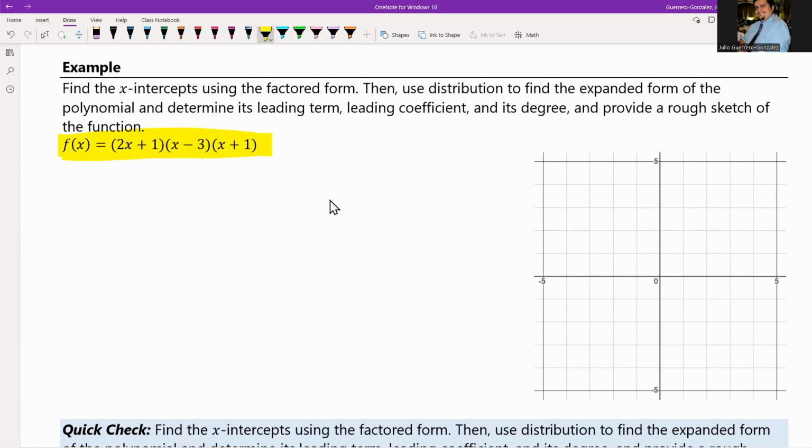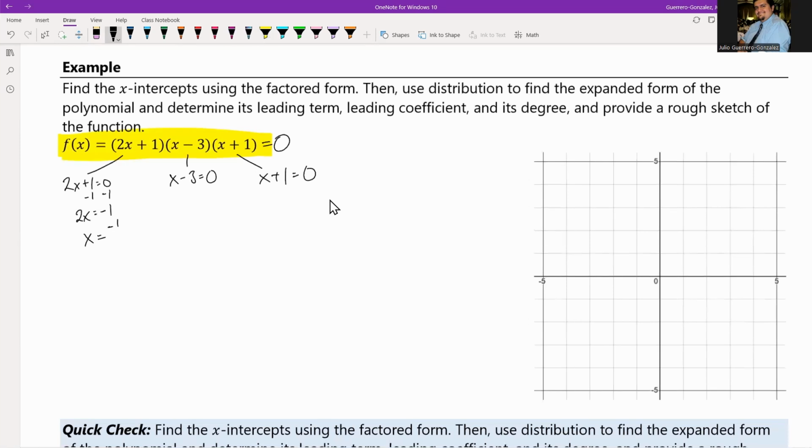Okay? So first of all, let's go ahead and do the x-intercepts. That's the one where we set this equal to 0. So all three of these have got to be made equal to 0. So 2x plus 1 is equal to 0. x minus 3 is equal to 0. And x plus 1 has to equal 0.